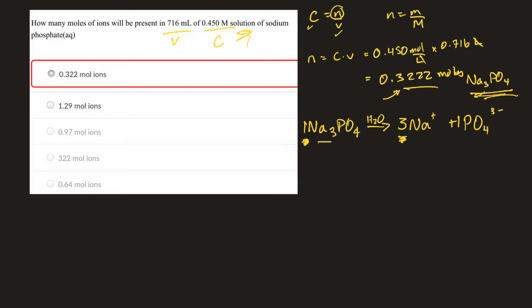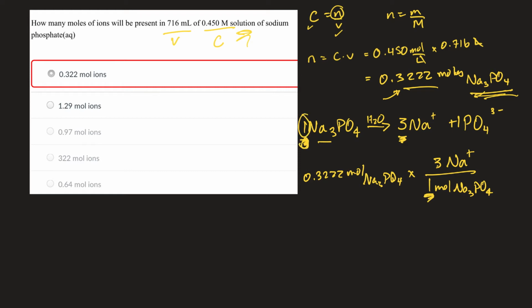So I could write it this way: 0.3222 moles of sodium phosphate times 3 moles of sodium ions per 1 mole of sodium phosphate. See where this 1 comes from? Right there.